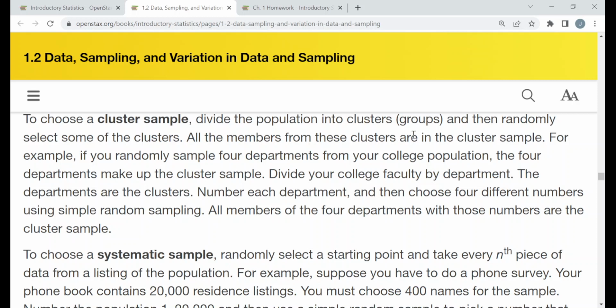Right? It starts off the same way, so people very often confuse cluster sampling and stratified sampling. But let's see the difference. Divide the population into clusters, or groups, and then randomly select some of the clusters. All the members from these clusters are in the cluster sample.